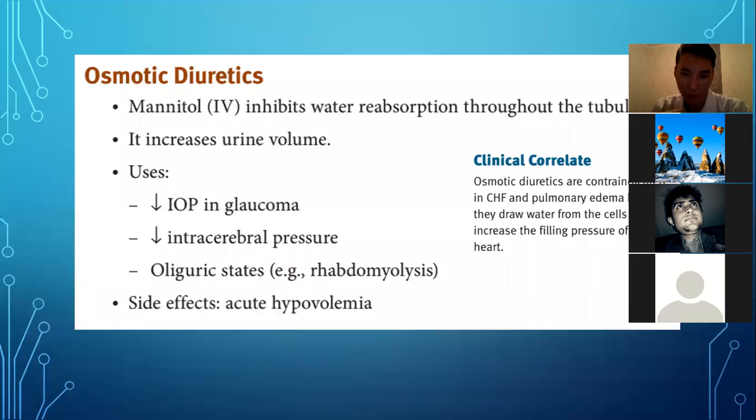The muscles are broken down and enter through the glomerulus, which means that myosin is going to be found in the urine.